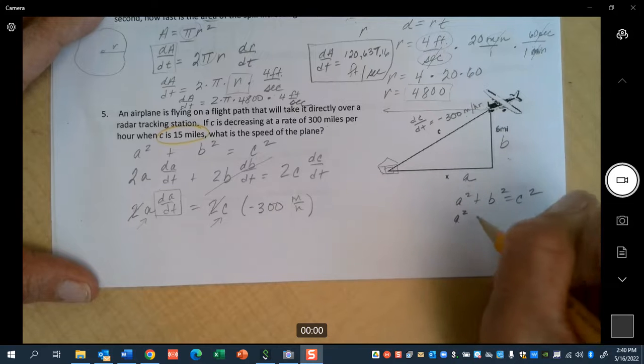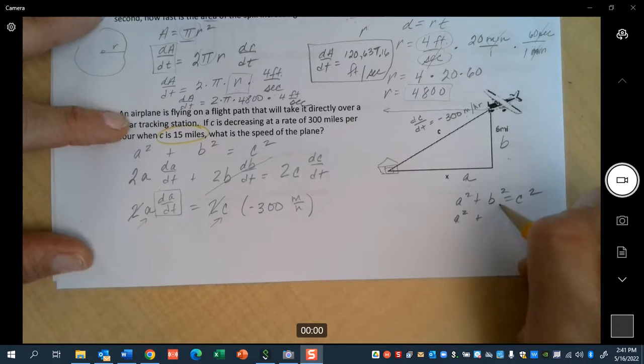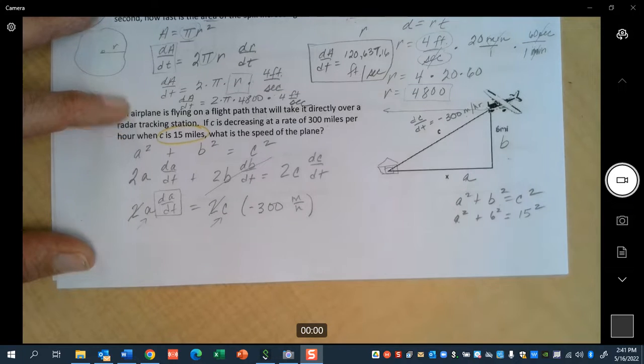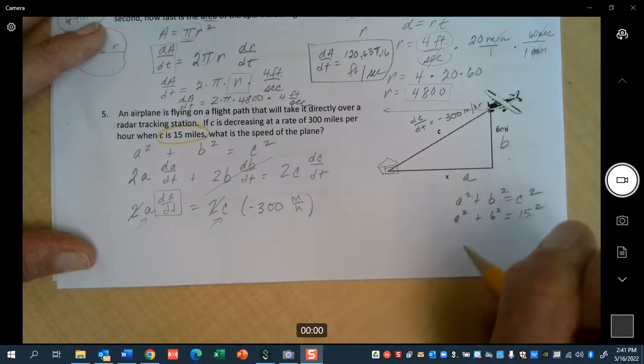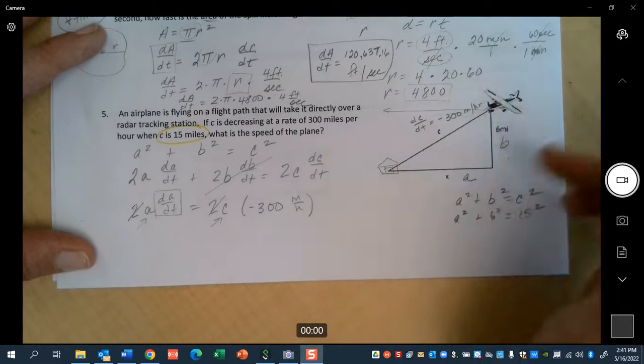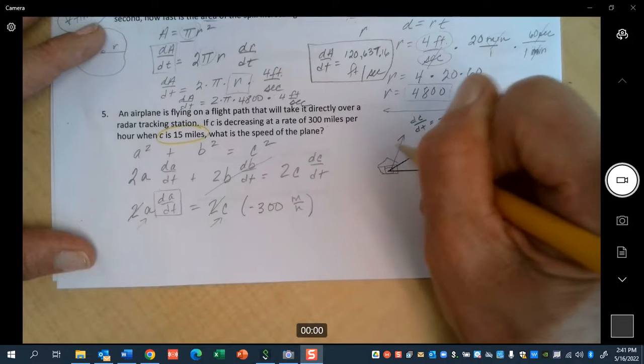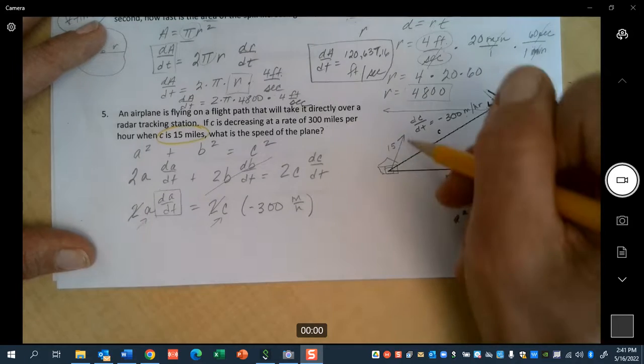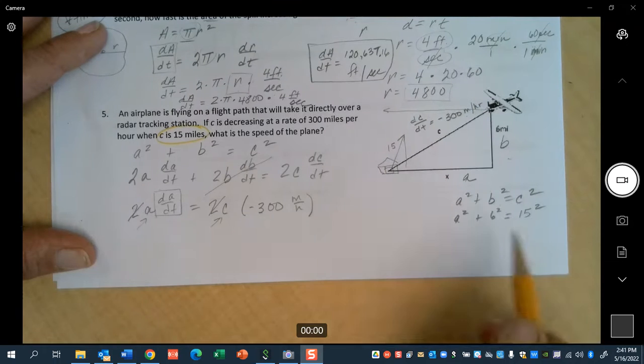A squared plus B squared is 6 squared, and they gave me C squared is 15 squared. So at that moment, when C is 15, I can figure out what A and B are.